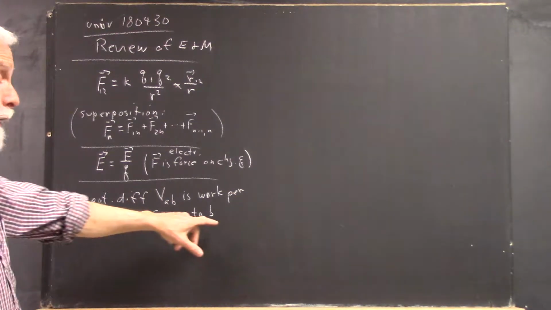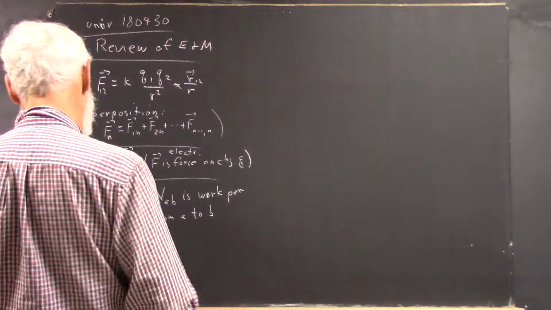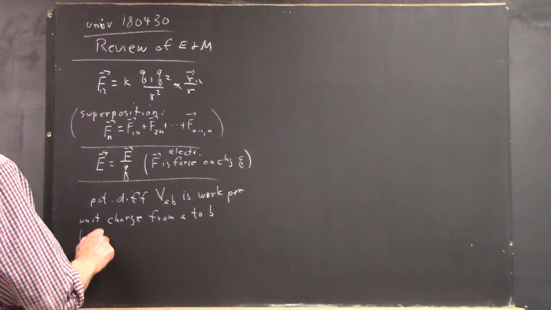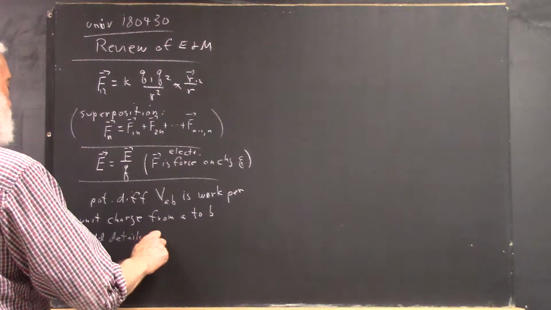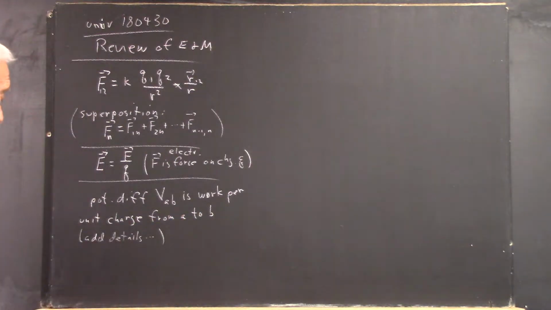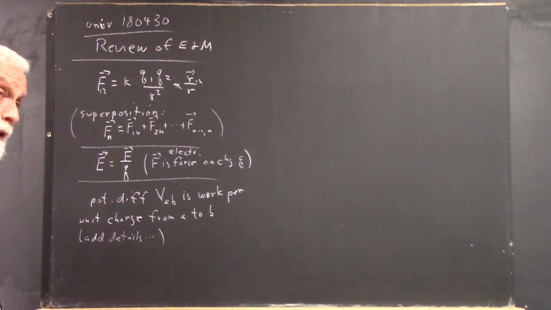It's a work per unit charge from A to B. There are some details. It's not a detailed definition, but that's the idea. Work per unit of charge.